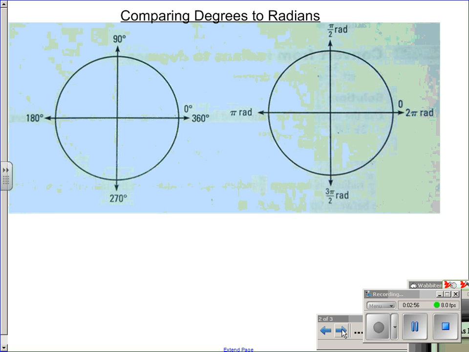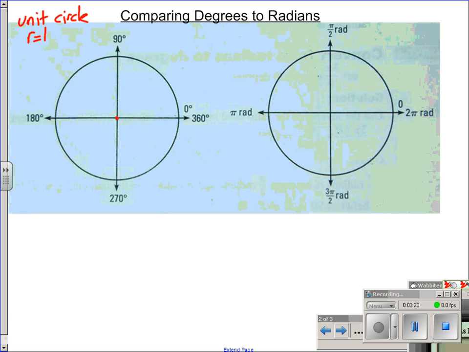When you compare degrees to radians, this thing right here is called a unit circle. Don't worry about this too much. There's just some terminology that goes along with this stuff. A unit circle basically means it's a circle centered at the origin with a radius of 1.